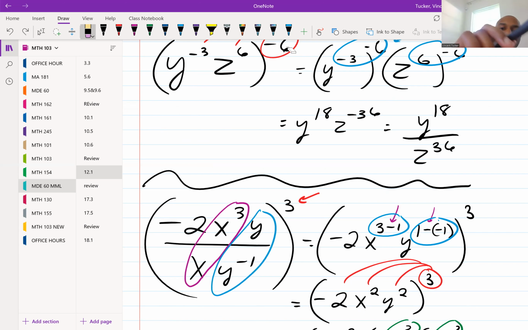So we're going to have to combine our like terms, or like bases, I should say. So x cubed over x, y over y to the negative first power. So try to emphasize that here. Whenever dividing, you're subtracting your exponents. So that's 3 minus 1 for x, and then 1 minus -1 for y.